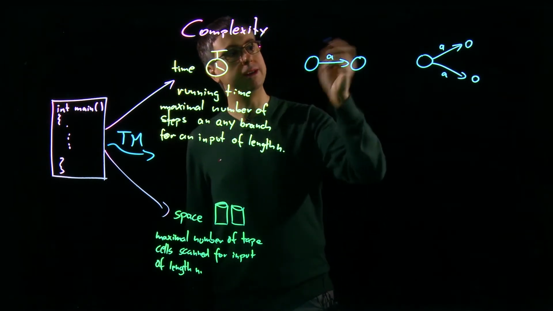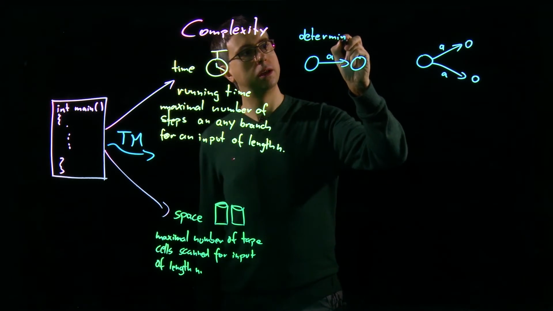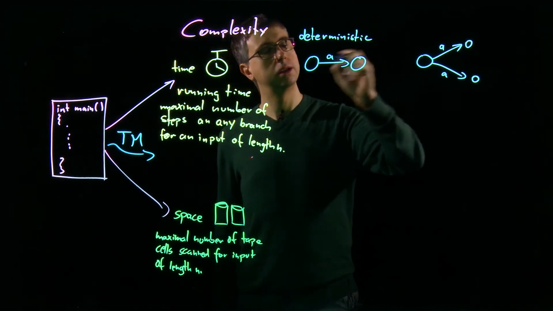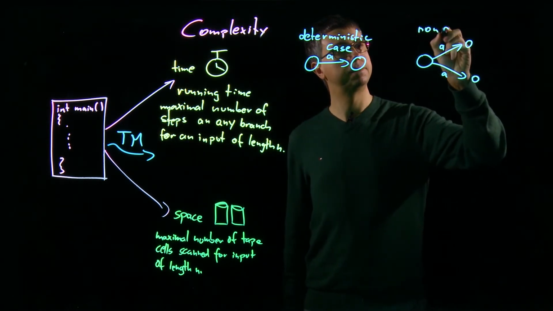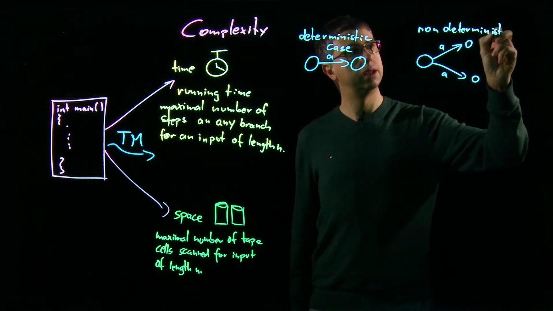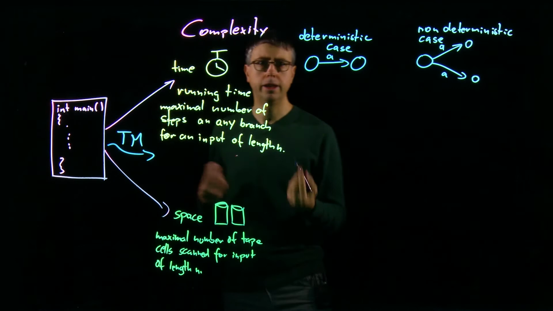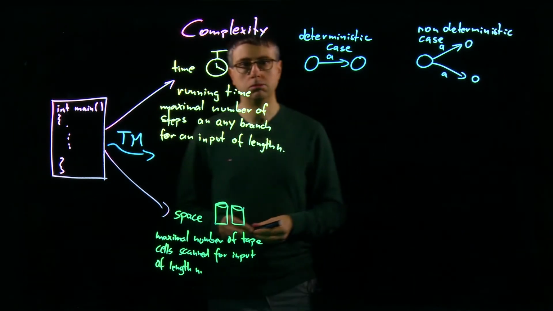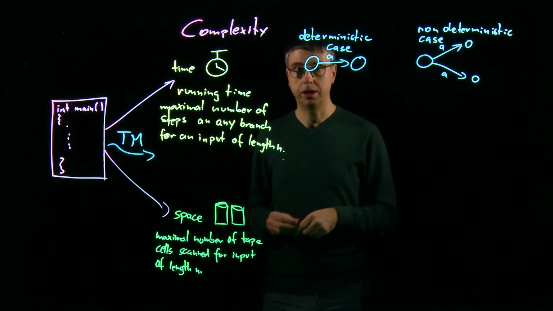So we will distinguish the deterministic case and the non-deterministic case. In the deterministic case, that's what you know from a program. You start a program, you know exactly what the output will be.